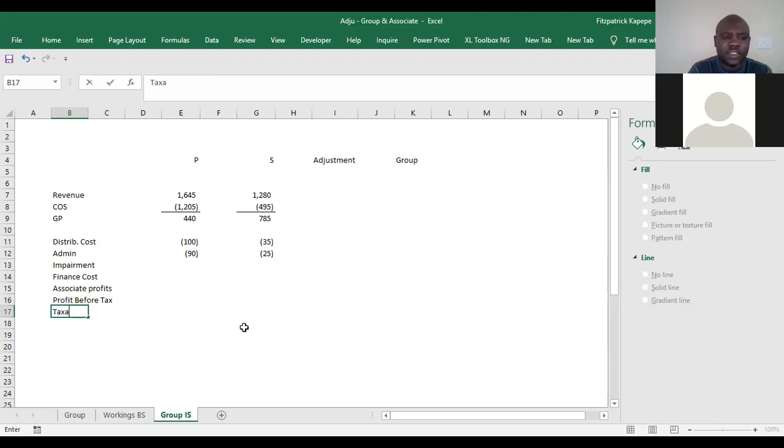Then we'll go to taxation. From taxation, we'll look at profit for the year.